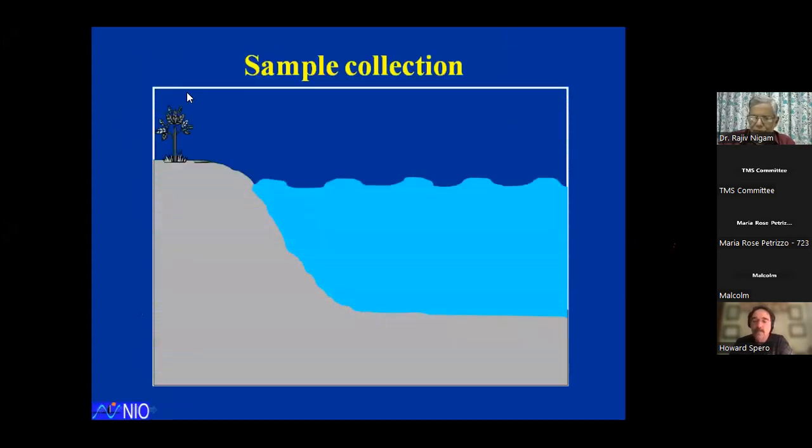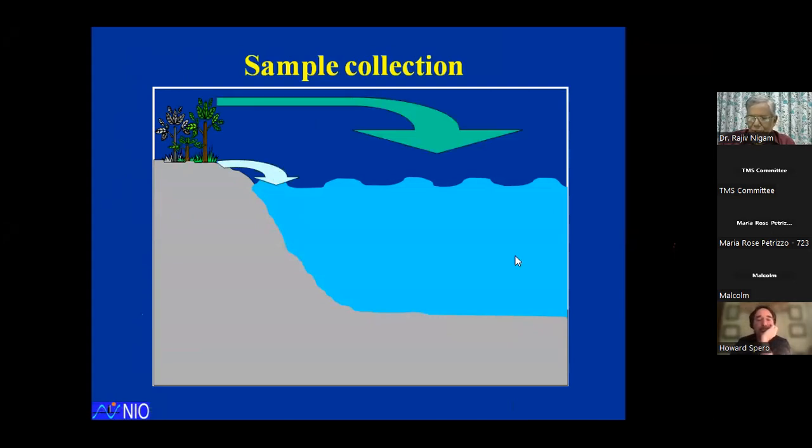And this is how we collect the samples from the offshore area. This is the sea and this is the land. We get the sediments either by water through rivers or by the wind. There are microfossils which are living in the sea, and after their death, they get deposited at the bottom of the sea, layer by layer, year by year.